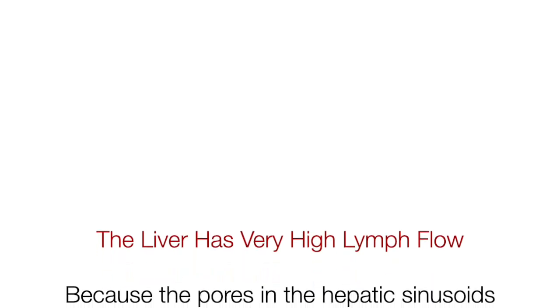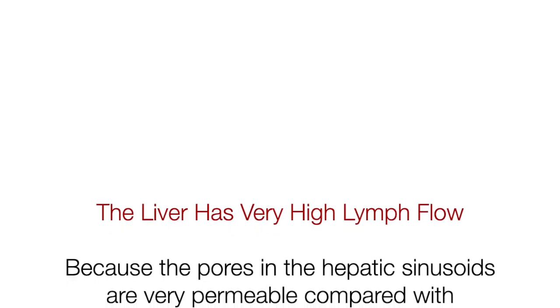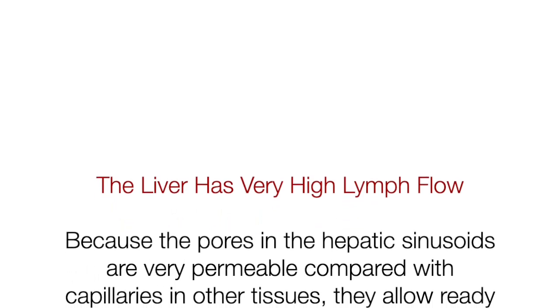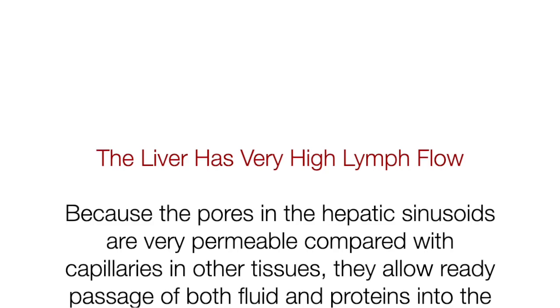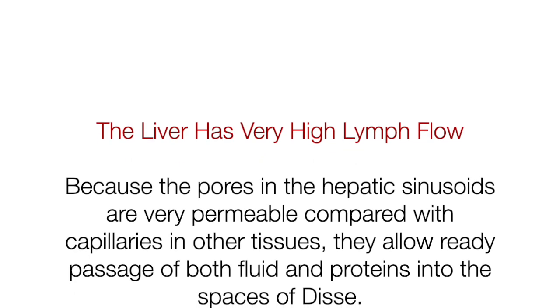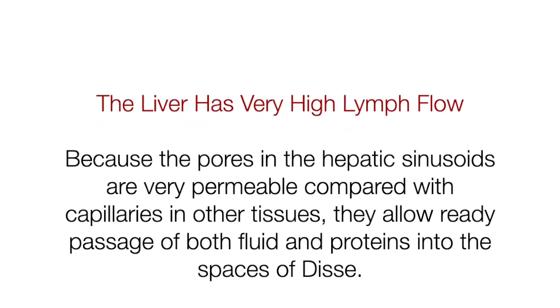The liver has very high lymph flow. Because the pores in the hepatic sinusoids are very permeable, compared with capillaries in other tissues, they allow ready passage of both fluid and proteins into the spaces of Disse.